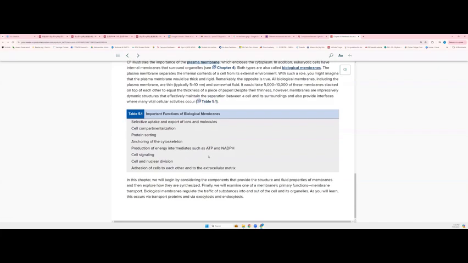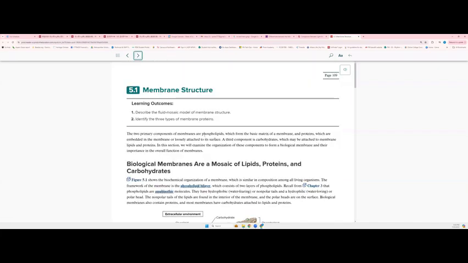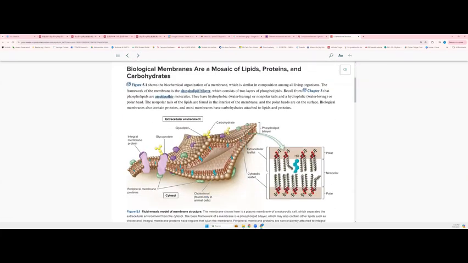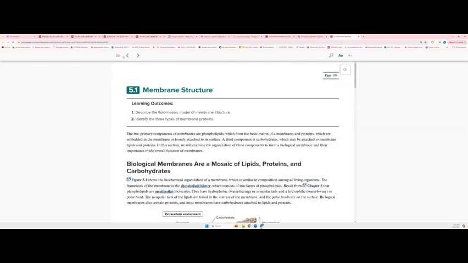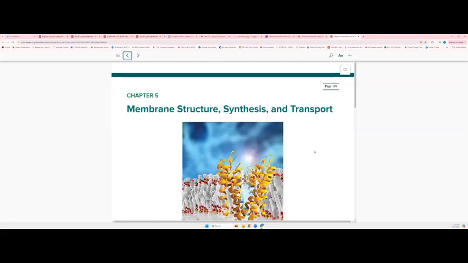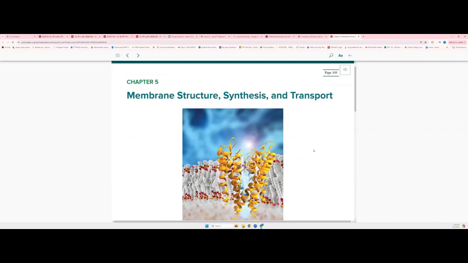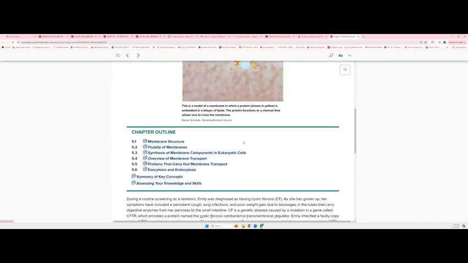Okay, we still have 5 minutes. Let's talk about the membrane. In the next chapter, we're going to talk about membrane structure, synthesis, and transport. We say the membrane is more like a fluid, which means it's mobile, it can move, right?